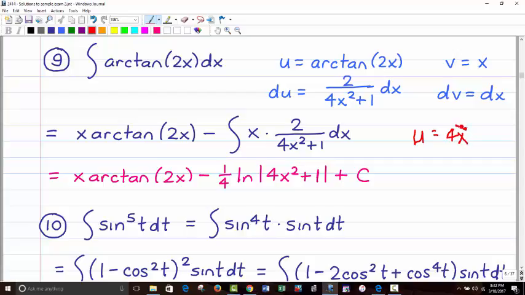Just using a mouse. 4x squared plus 1. du would be 8x. All right, that means we're going to have a 1/8. 8x dx. So we're going to have a 1/8 on the outside.